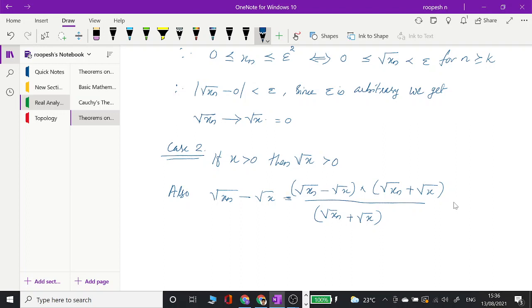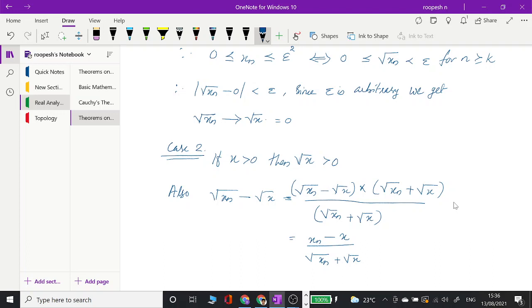We say that conjugate multiplication, right? Now this reduces to the a minus b into a plus b form, so a squared minus b squared. That is root of xn squared minus root of x squared, that is xn minus x divided by square root of xn plus square root of x.